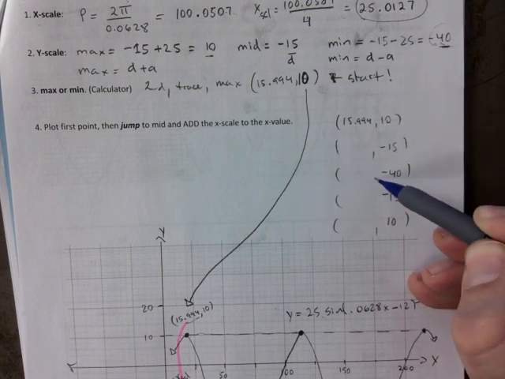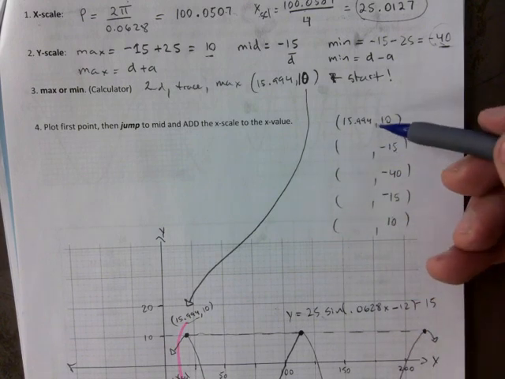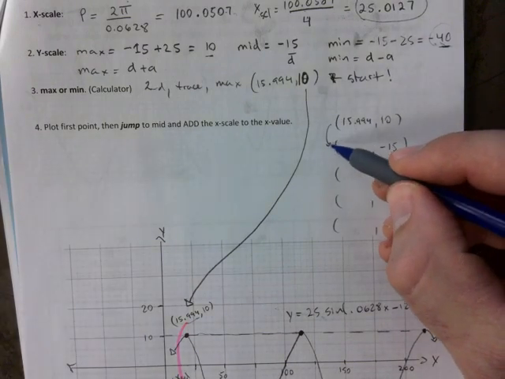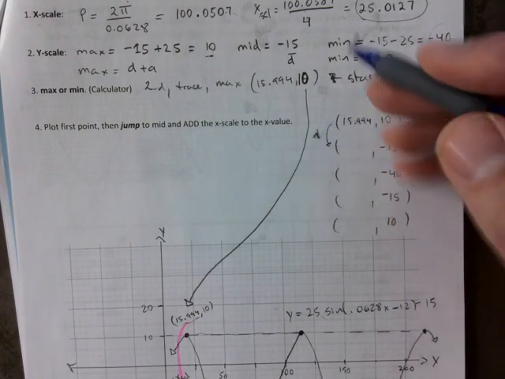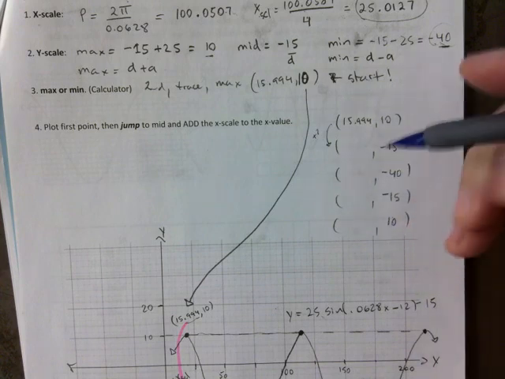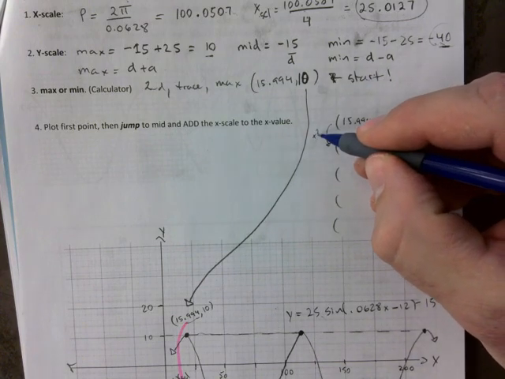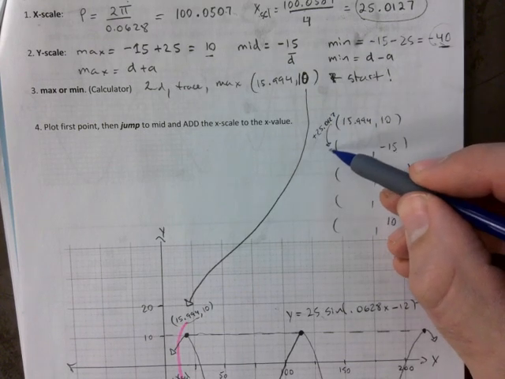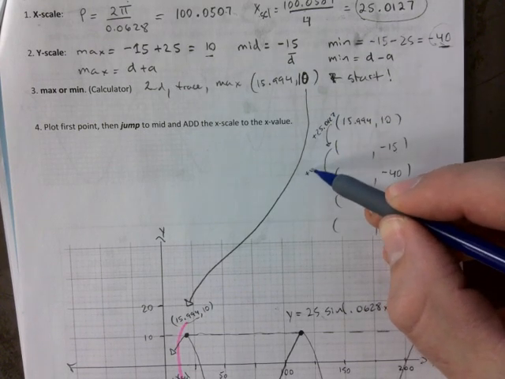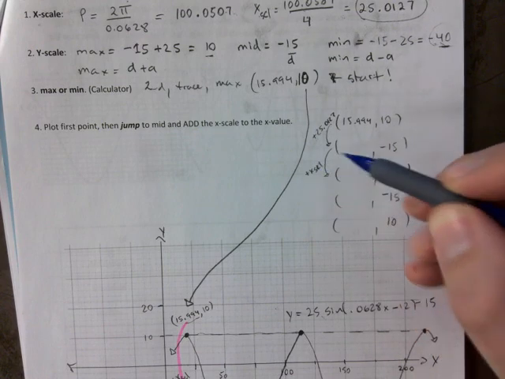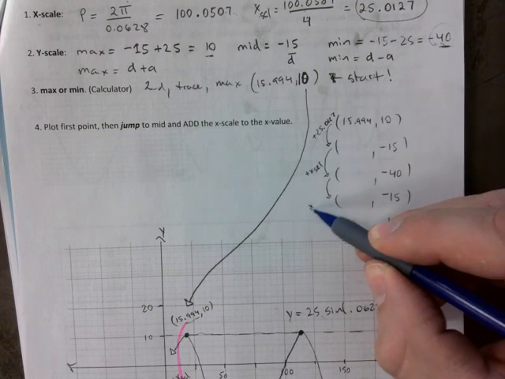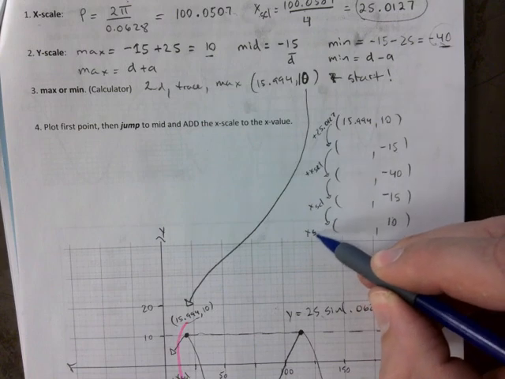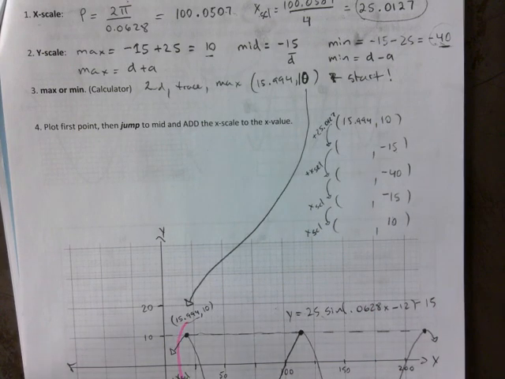That's what's going to happen for sure. And some students just like to do the plus 20, yikes, plus 25.0127, just right here, plus x scale, plus x scale. So just do it here and then go plot it on the actual graph.